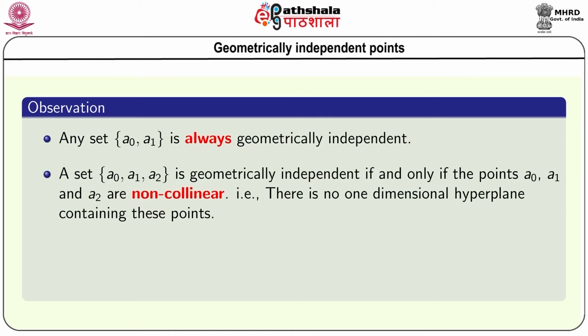Now, if we take a set of 3 points a0, a1 and a2, then for geometrical independence of this set, we need the set a1 minus a0 and a2 minus a0, the set consisting of two vectors, to be linearly independent. But linear independence of two vectors is nothing but non-collinearity of the points a0, a1 and a2.